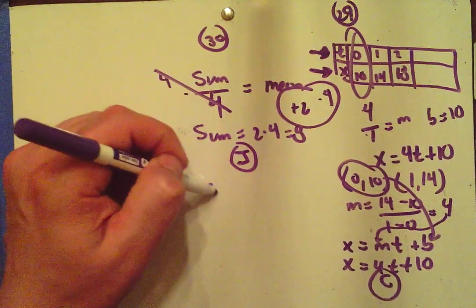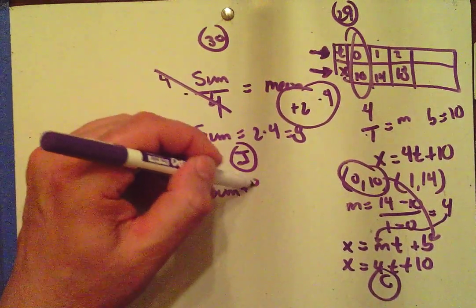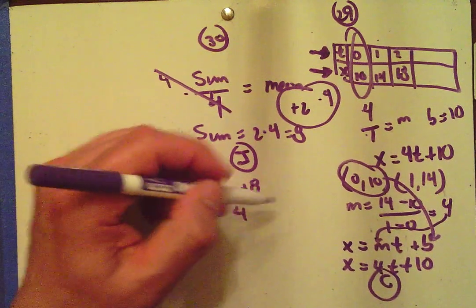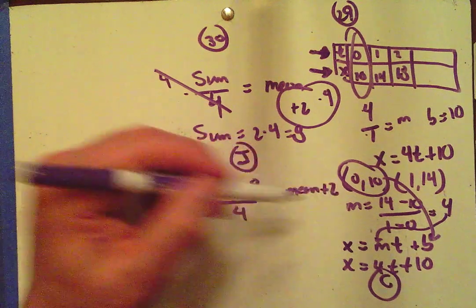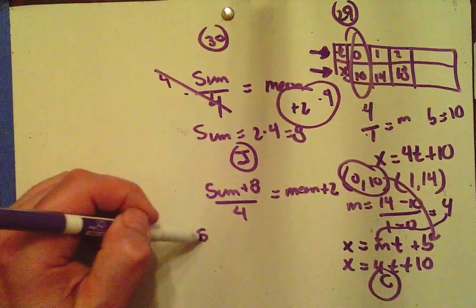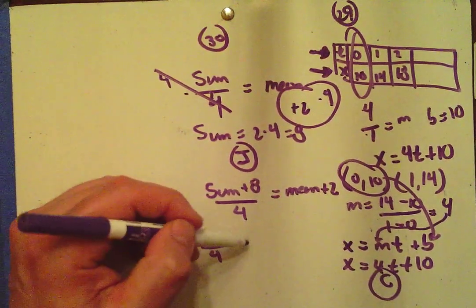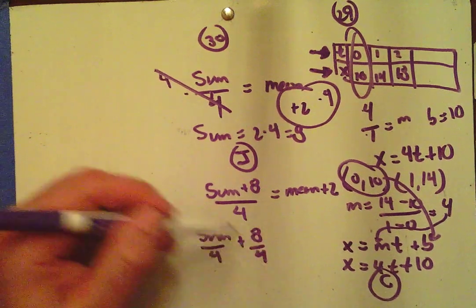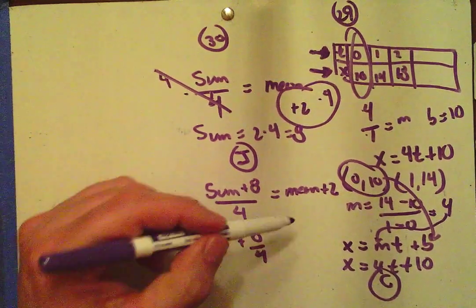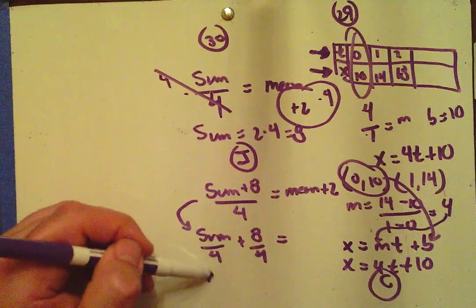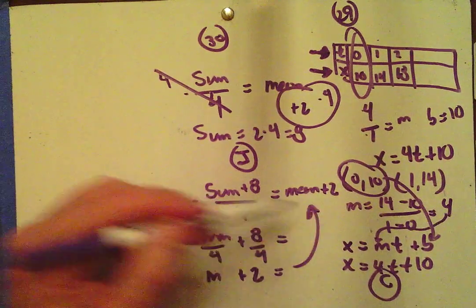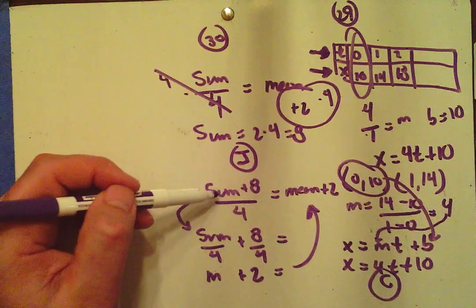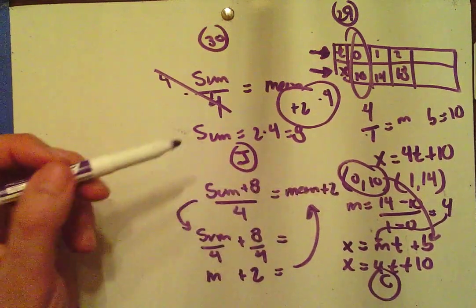So if I add 8 to the sum, that means the mean will go up by 2. And we can see that sum over 4 plus 8 over 4 is an equivalent expression. Sum over 4 is the mean. 8 over 4 is 2. And there we go. So we're going to add 8 to the sum if we want the mean to go up by 2.